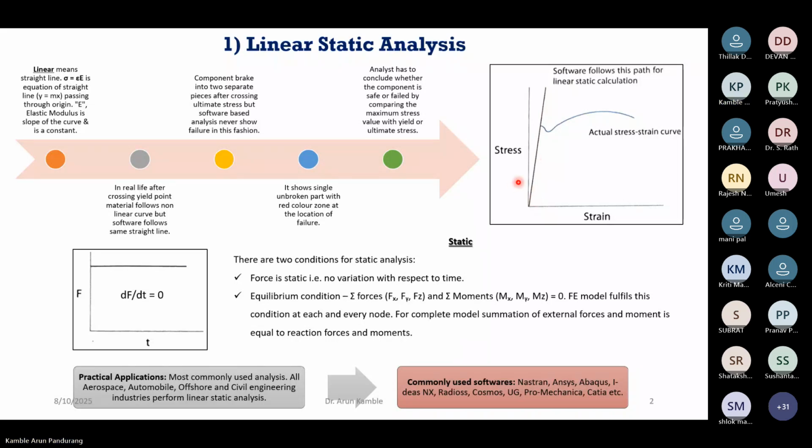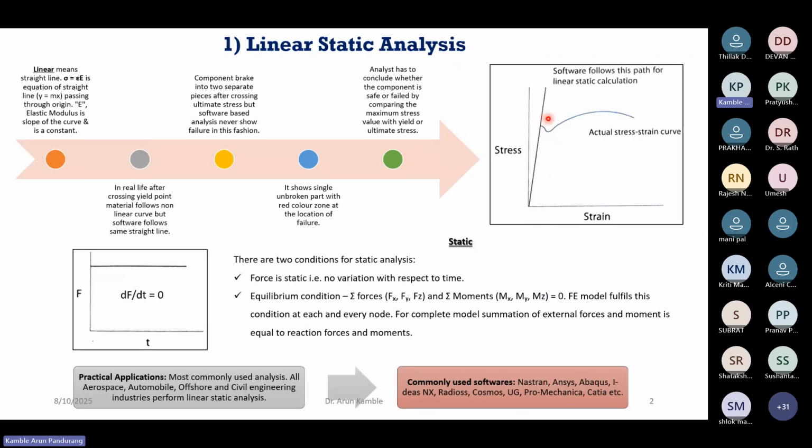But in real life, after crossing the yield point, the material follows a non-linear curve. I think we have studied the stress strain curve, and this is for standard low carbon steel. In real life, after crossing this yield point, the material follows a non-linear curve, but the software follows this straight line path for linear static calculations.